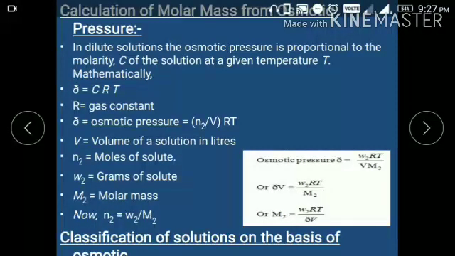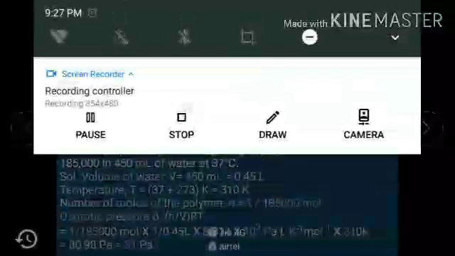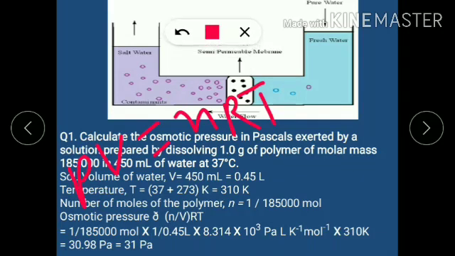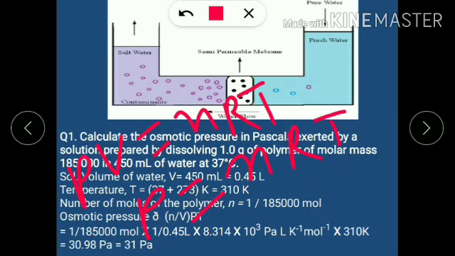Let me explain. Look carefully. The ideal gas equation is PV is equal to nRT, where P is the pressure, V is the volume, n is the number of moles, R is the gas constant, and T is the temperature. P means pressure, and you are finding the osmotic pressure. Then sending V to the other side, you will get P is equal to nRT upon V.